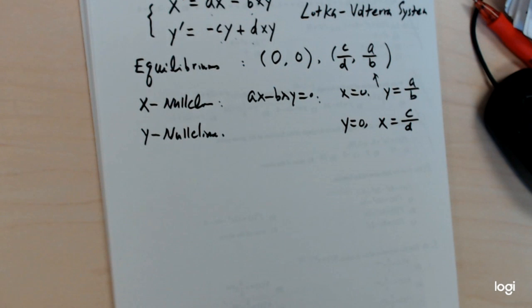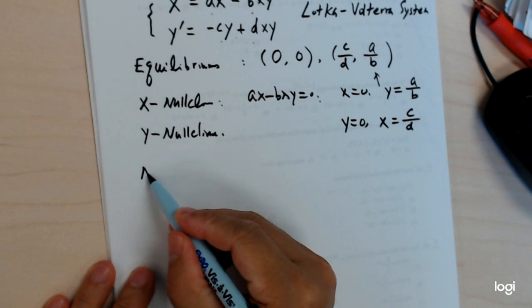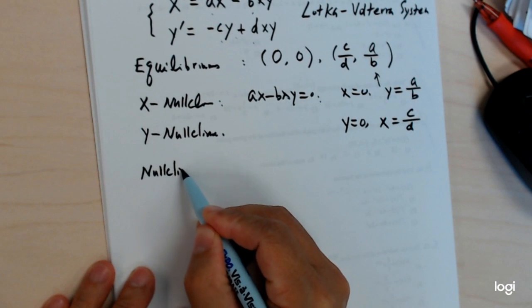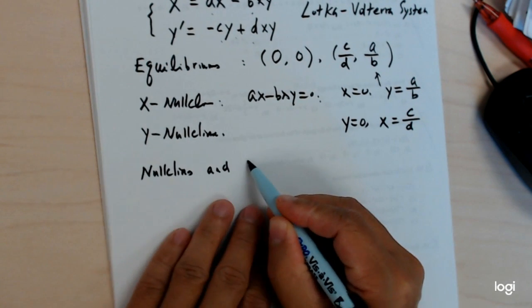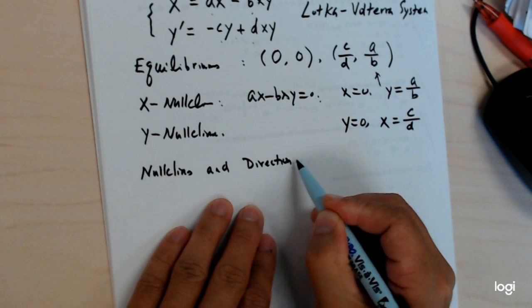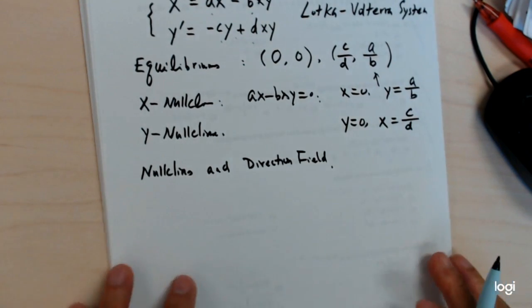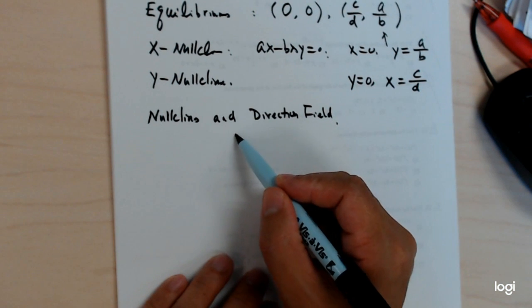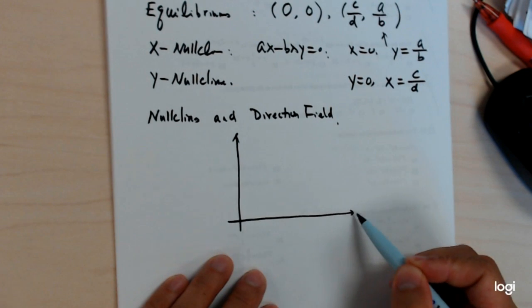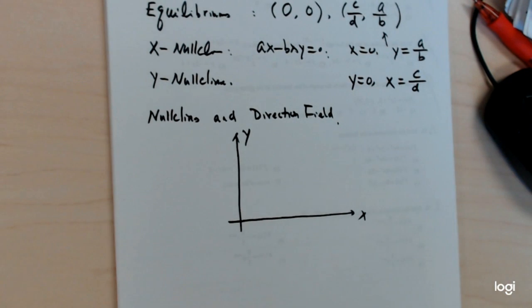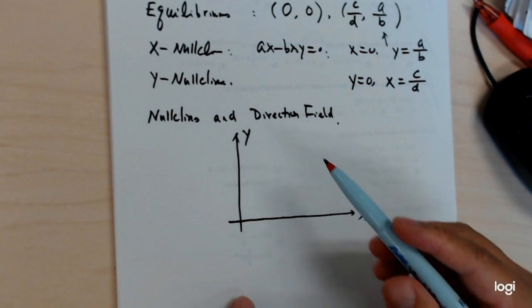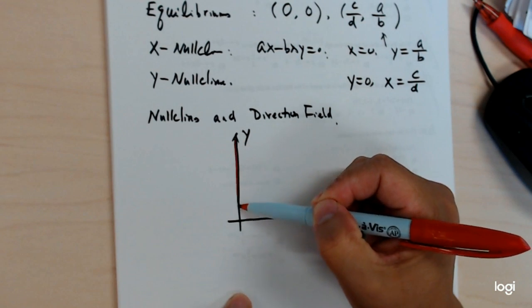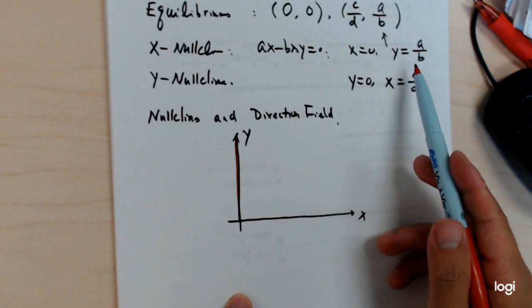So now I'd like to use the nullclines and try to roughly come up with the direction field. So this provides me some intuition how the system behaves. X nullclines are x equal to 0, in other words, the y-axis, that's an x nullcline, and also y equal to a over b.